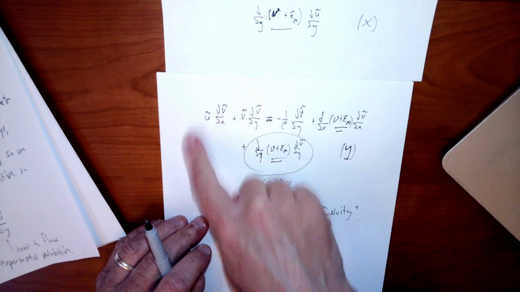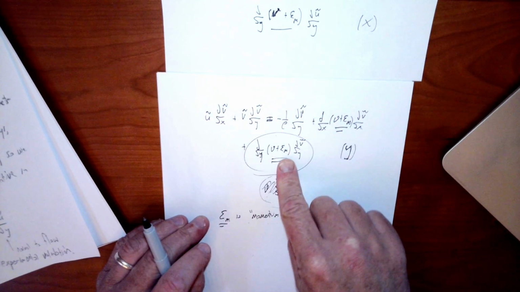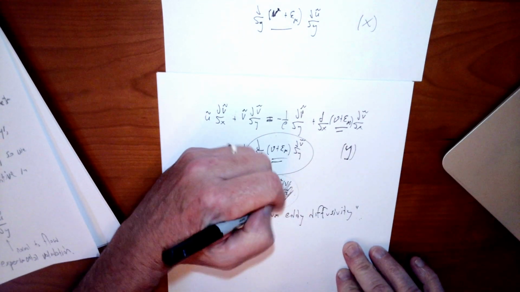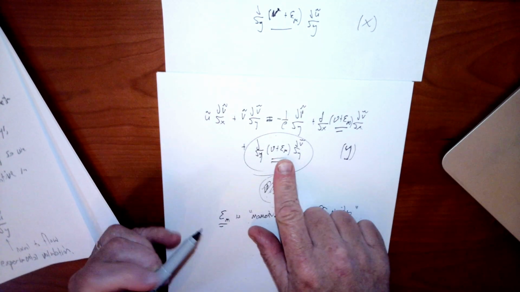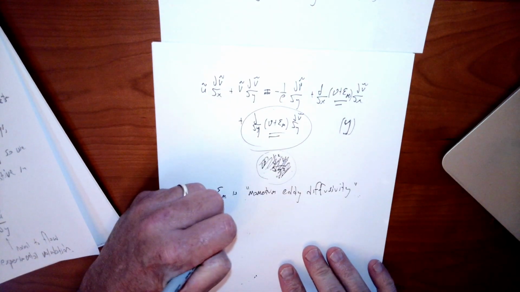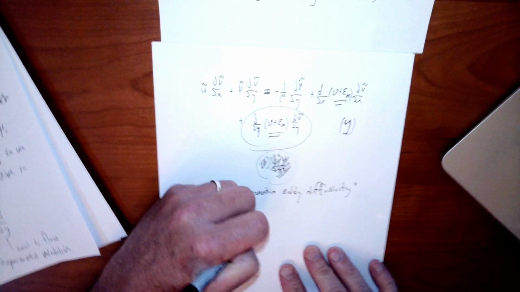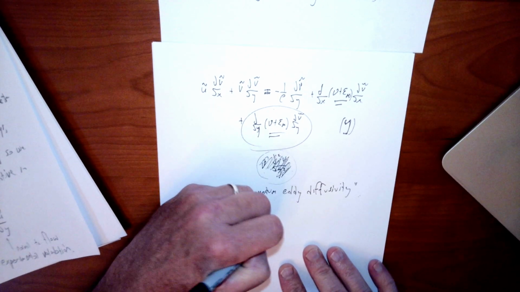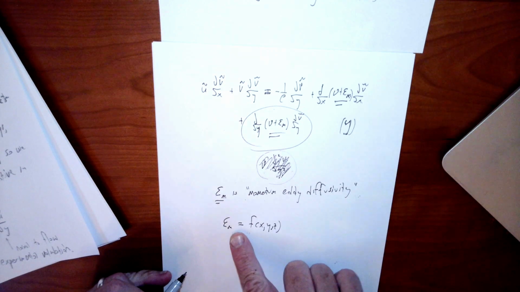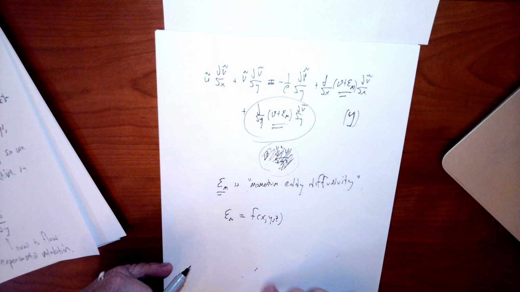If you look at these time average equations, very clearly the fact that epsilon m is non-zero for turbulent flow means you're going to have effectively a larger viscosity. So again, epsilon m may be a function of x and y and z. It can be spatially varying, so it's not necessarily a constant in space.